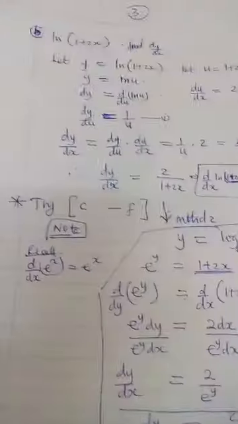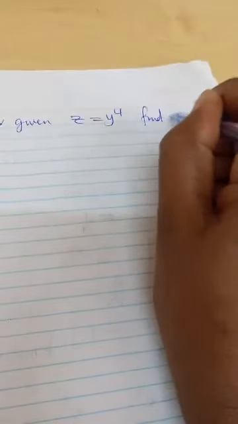We will proceed to look at, assuming that this time you are differentiating y, you are given another function. Consider a function like z is equal to y to the power 4, and they tell you to find dz dx.